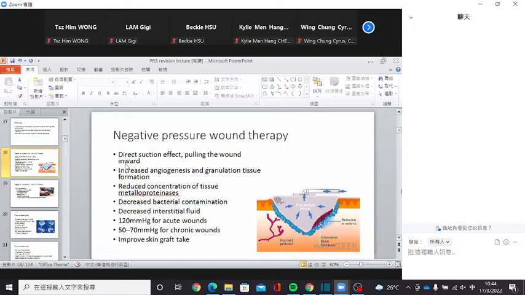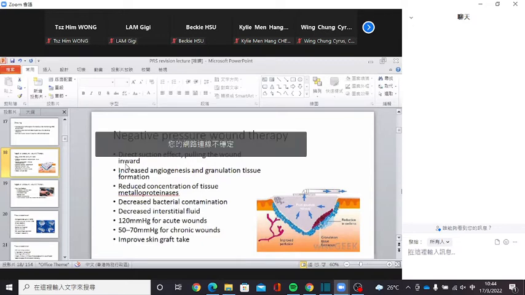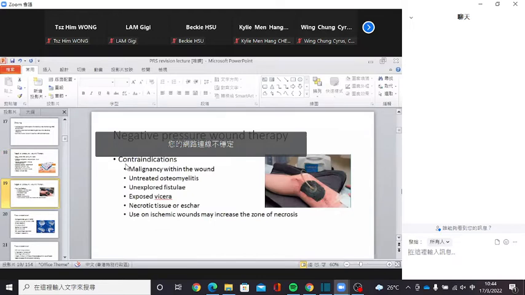The pressure is typically set at 50 to 70 mmHg for chronic wounds. It could also be applied over a skin graft to improve the take of it.